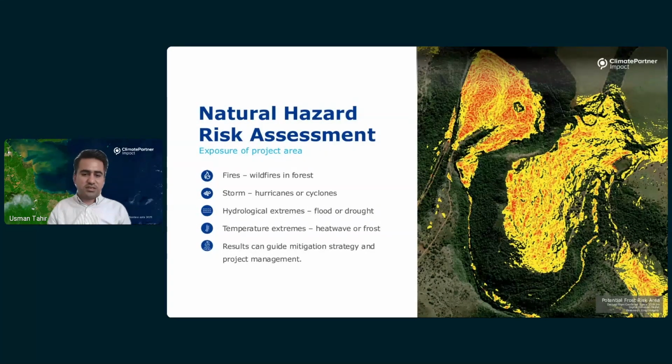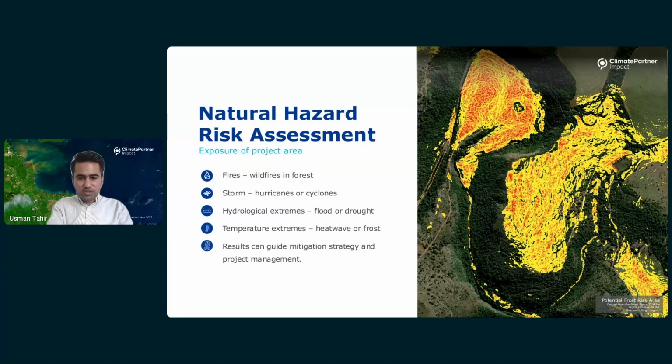But with the climate change, these events are occurring very frequently, and it also increases the risk for our project activities. So by identifying these risks early, we can develop mitigation strategies which can guide us on project management decisions to ensure the success of the project.